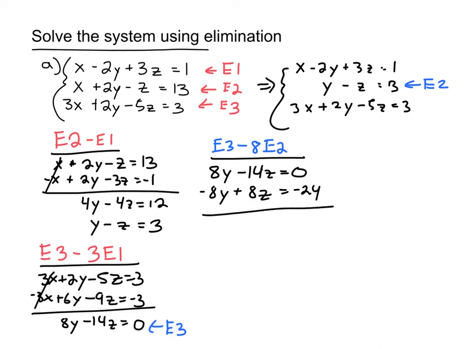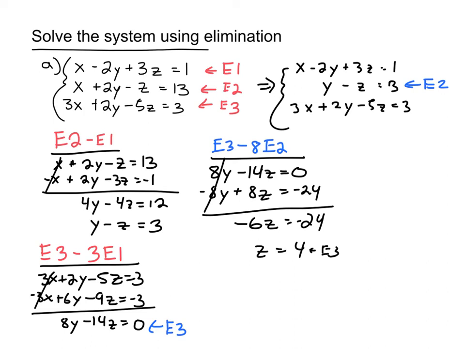Okay, so these cancel. This is negative 6z equals negative 24. So if you divide both sides by negative 6, z equals 4. Alright, so now this is my new equation 3.